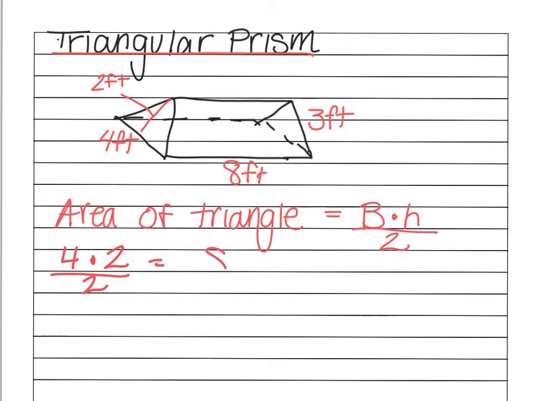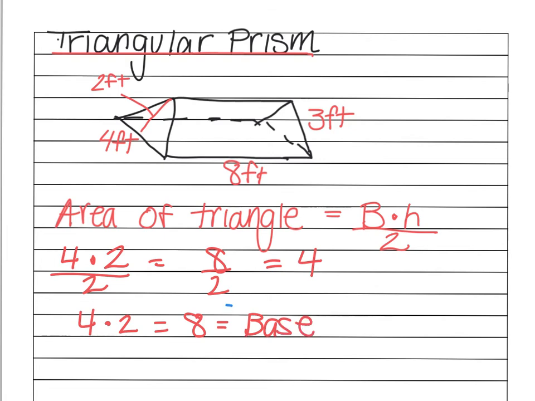And that's 8 divided by 2, which is 4. So we have 2 of those, so we have to do 4 times 2, which is 8. So that means the two bases together are 8.